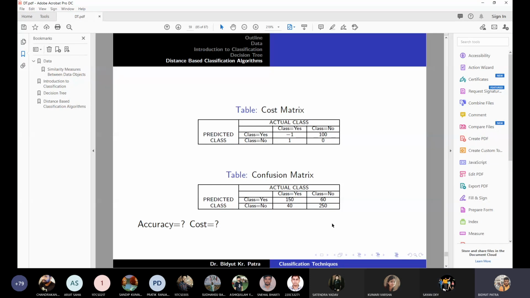If you have 3 classes, then you will have 3 rows and 3 columns, and accuracy will be the sum of the diagonal. We'll explore that when we see the Weka tool, which will give you details. Apart from the confusion matrix, it will give many other accuracy measures.